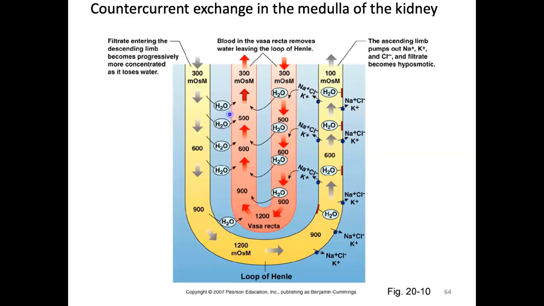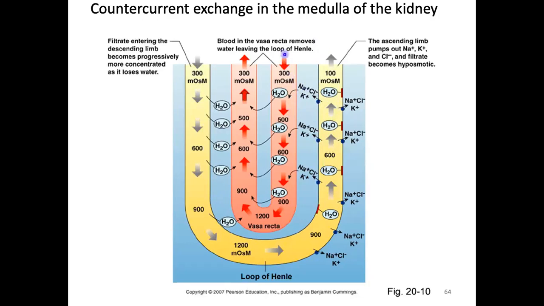Countercurrent exchange. Let's add the blood vessel to it. Here's your loop of Henle. You're pulling water into the interstitium, and then you're actively transporting sodium into the interstitium. So what ends up happening? Sodium gets kicked into the interstitium and goes into the blood, into the vasa recta.